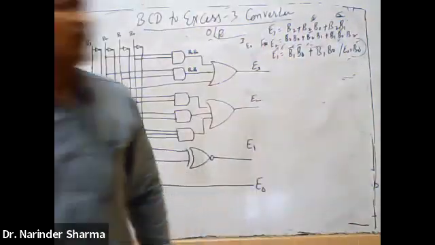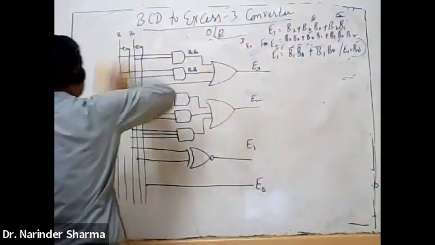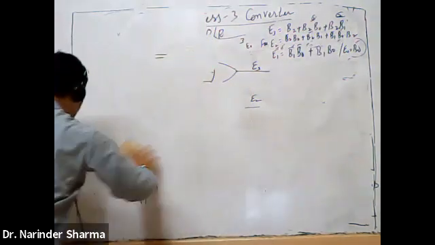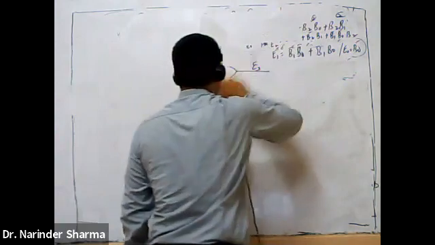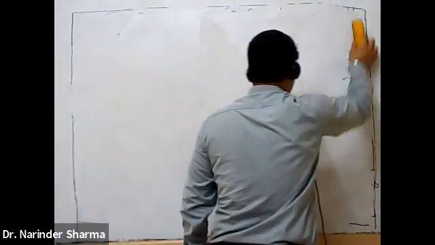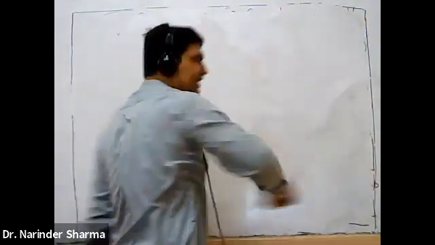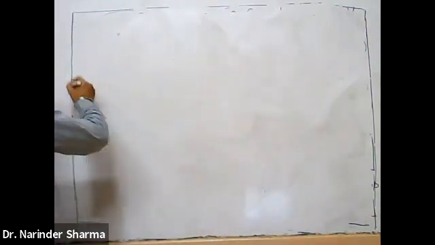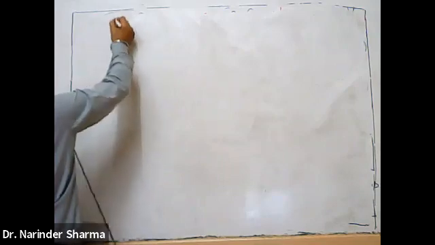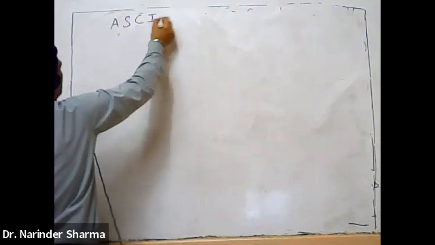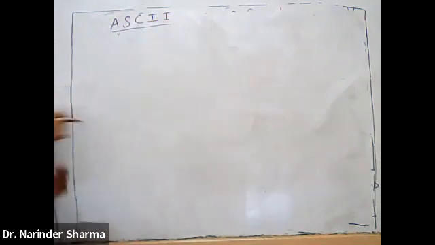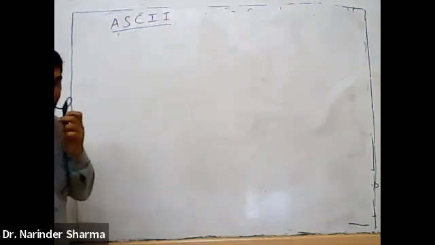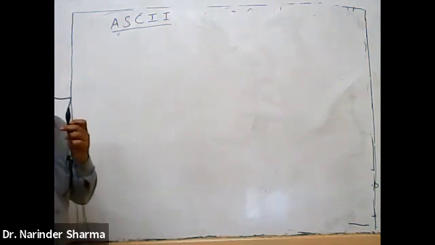Now we will pursue for the ASCII code. ASCII code, I told you that this is the American Standard Code for Information Interchange. This we use in the computers and very useful in the programming language.